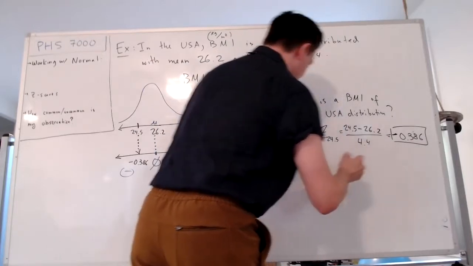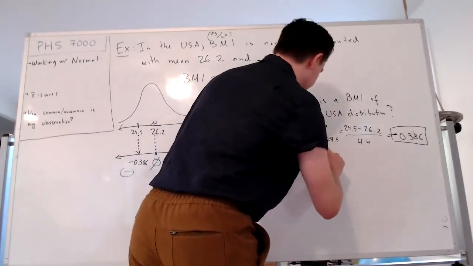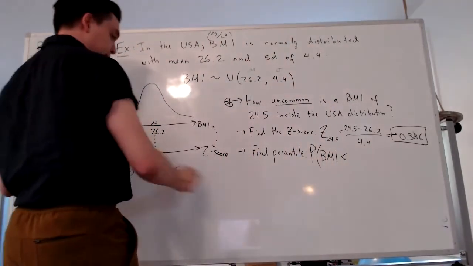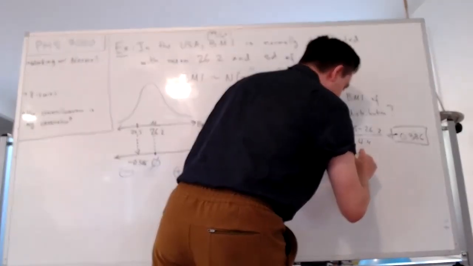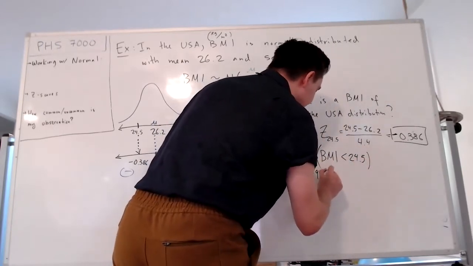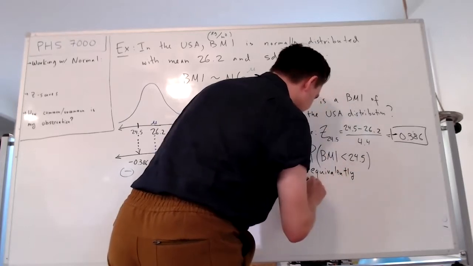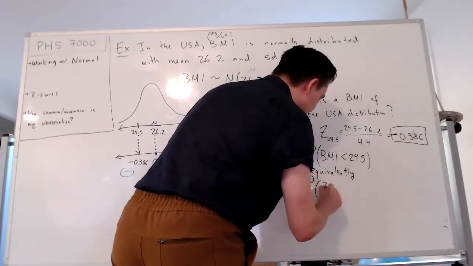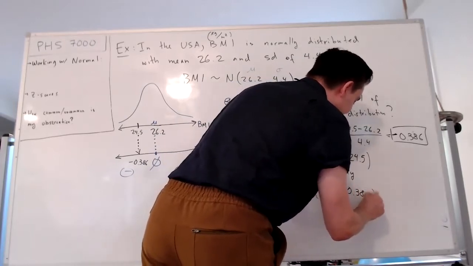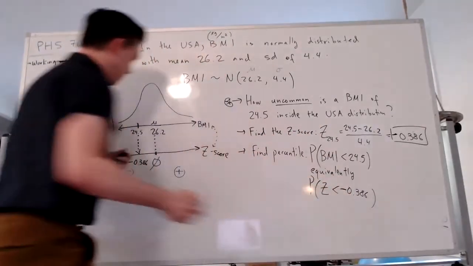So we're looking for the probability that BMI is less than 24.5, or equivalently, the probability that Z is below a negative 0.386. So let me take a look at these two statements.